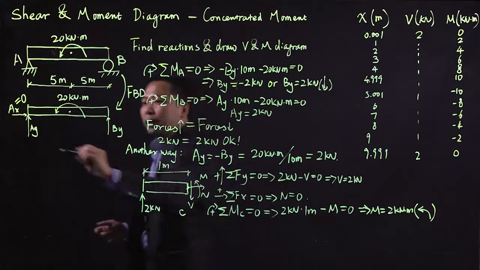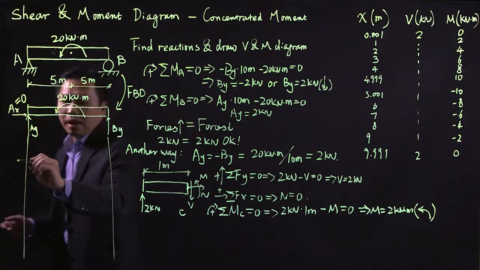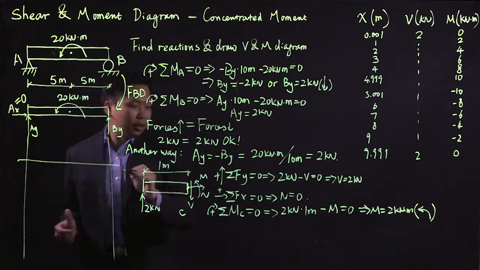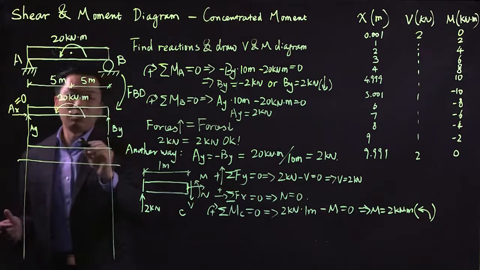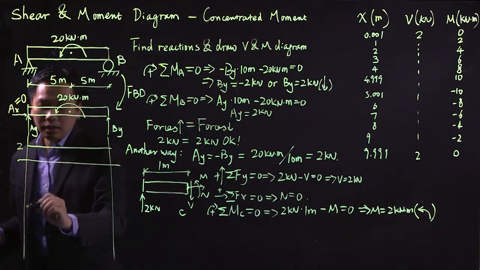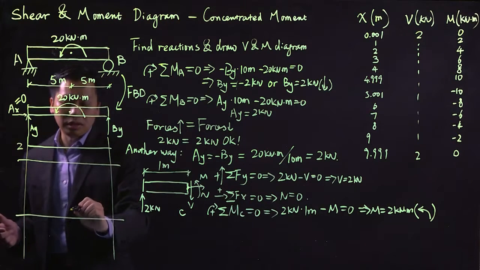And if you put those back into the plot under your members, here is what you're going to see. Your shear diagram is going to be 2 all the way, and your moment diagram is going to look like this.